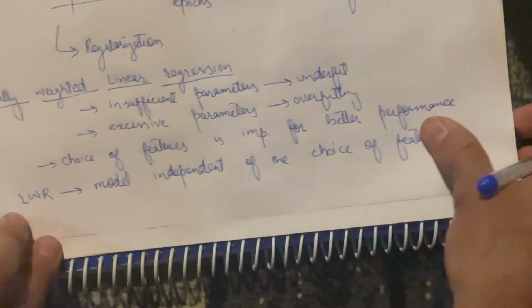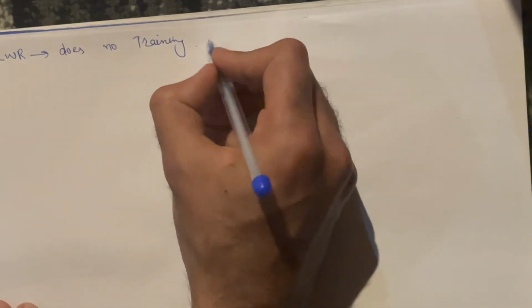Okay, what does that mean? I will make you understand. Let's suppose it is not doing any training. Locally weighted regression does no training initially.